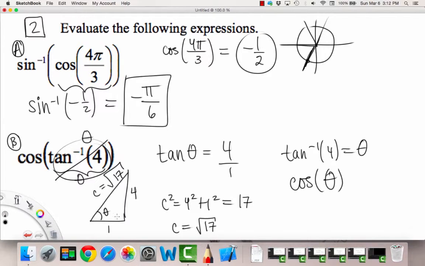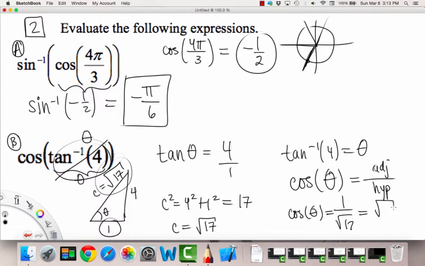So if we look at our same triangle, because we're dealing with the same angle, to find cosine theta, we need to take the length of the adjacent side over the hypotenuse, okay? And from our picture, our adjacent side is 1, and our hypotenuse is radical 17. Okay, so cosine theta is equal to 1 over radical 17, or we can rationalize this to make it radical 17 over 17. Okay?